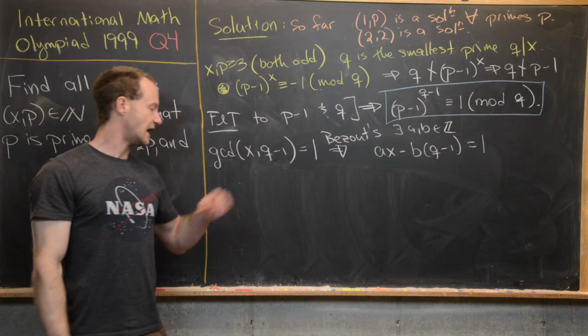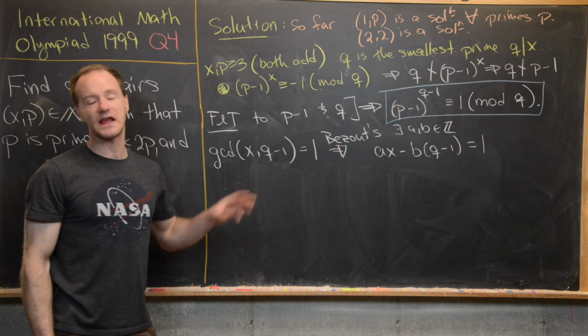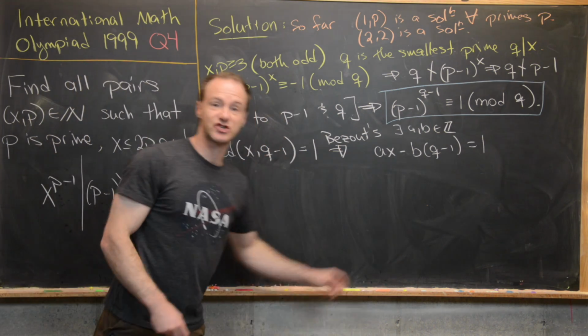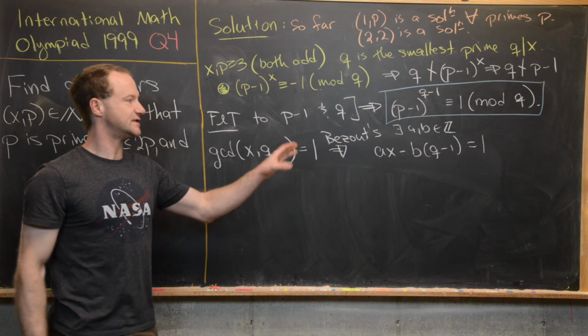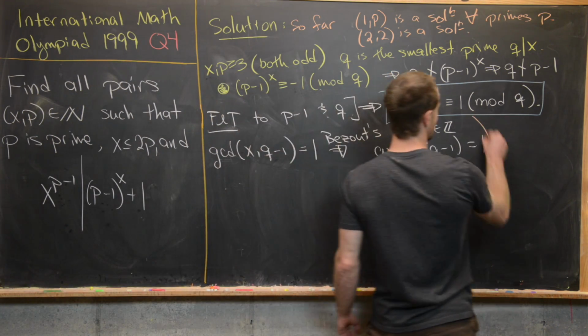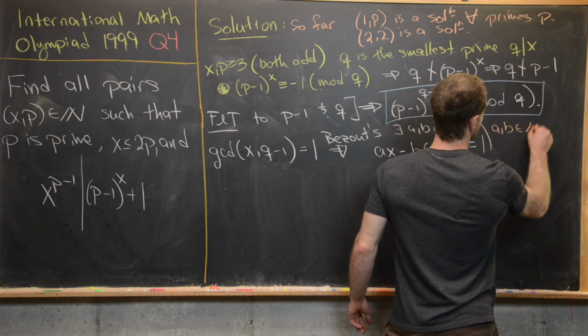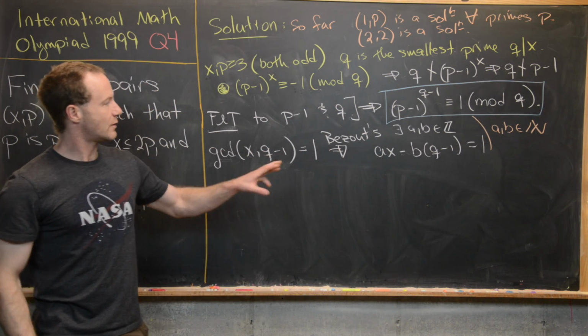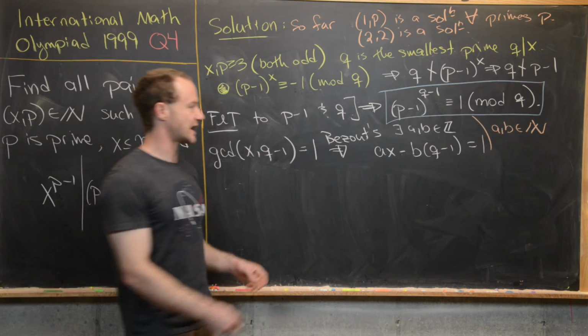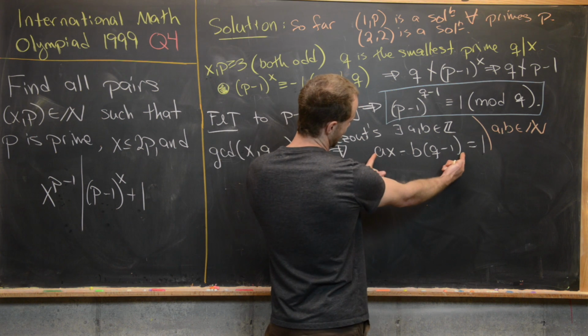Great. And another little subtle thing, which we don't have to check carefully: because I've baked this minus sign into this equation, we can actually take a and b to be natural numbers.